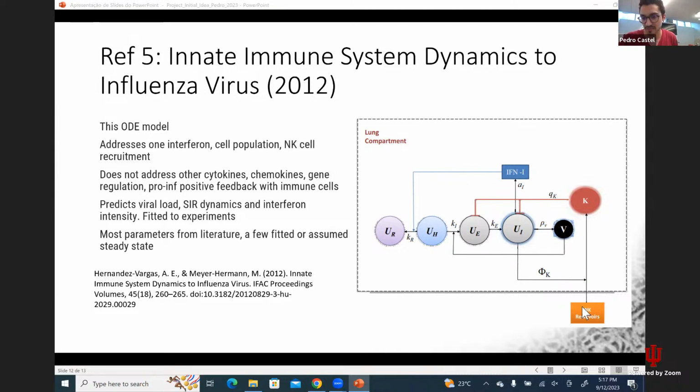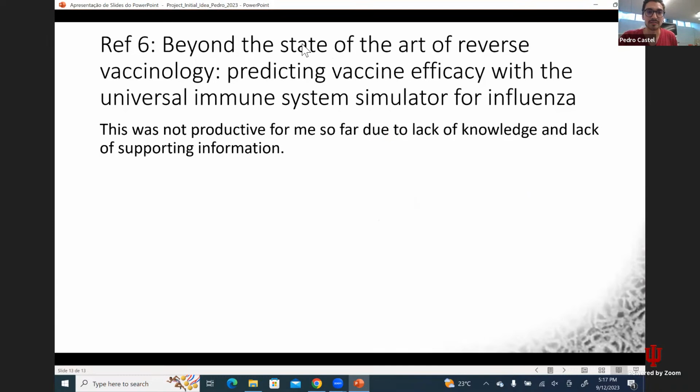In this case, they model the natural killer cells, and they also model a cytokine. So this is more like it, in my opinion, but it is extremely simple. So there is a lot of room here for improvement. For example, the other cytokines, the genes, the transcription factors, etc. And this one, which I didn't understand, so I won't talk about it.